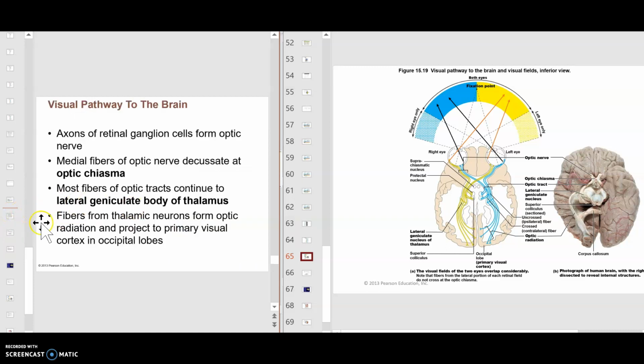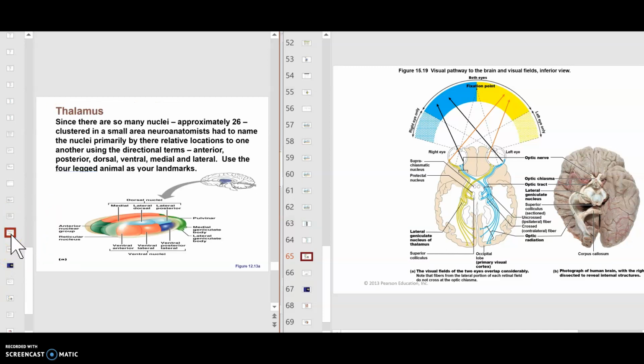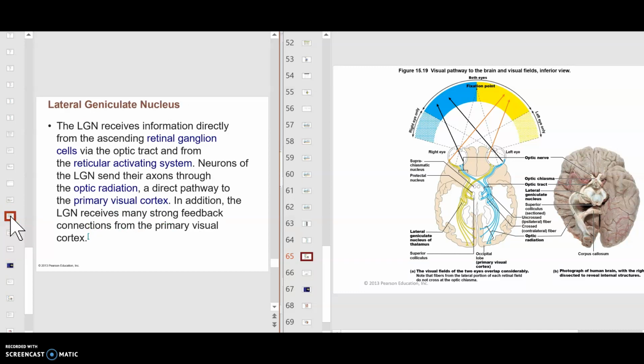So continue to the lateral geniculate nucleus, which we just spoke of. There's the thalamus. The lateral geniculate nucleus receives information directly from the ascending retinal ganglion cells that we talked about via the optic tract and also from the reticular activating system. Now the reticular activating system is a diffuse set of neurons that kind of keeps the lights on in the brain, I say. In other words, the firing frequency of the reticular activating system determines your states of consciousness.